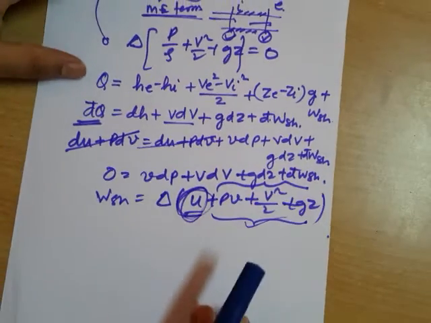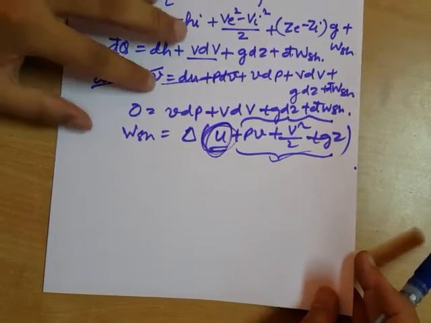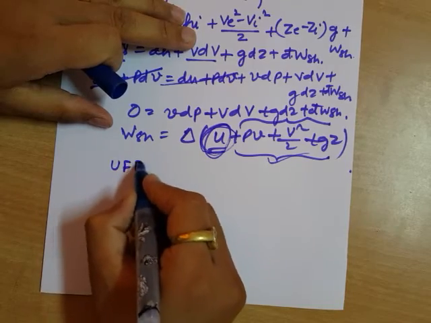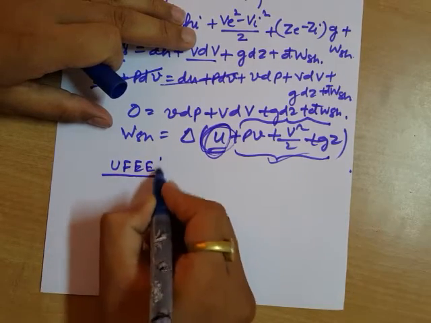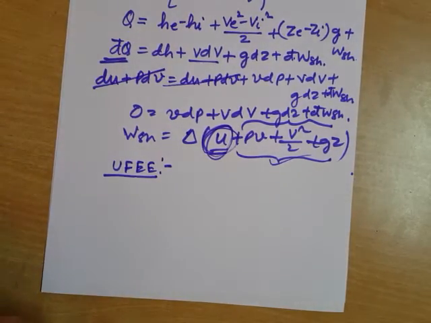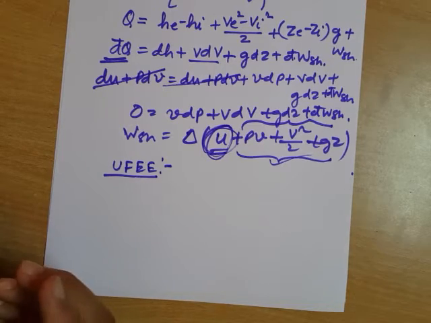Now coming to the unsteady flow energy equation. What is unsteady flow? Unsteady flow is that flow where the properties change with respect to time at any point.